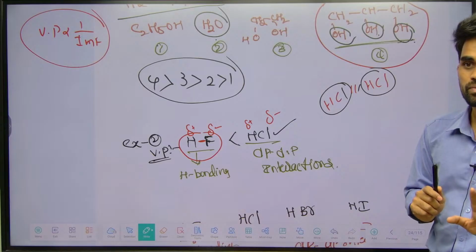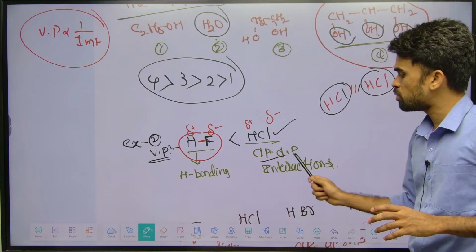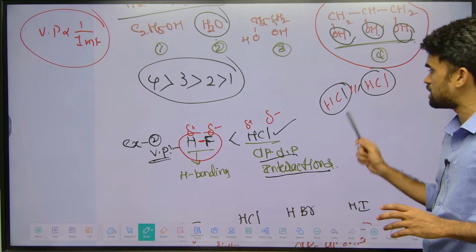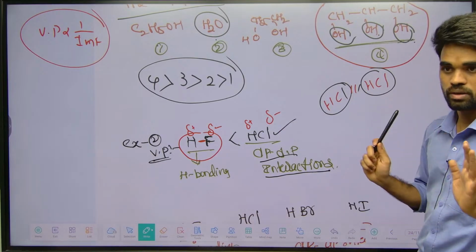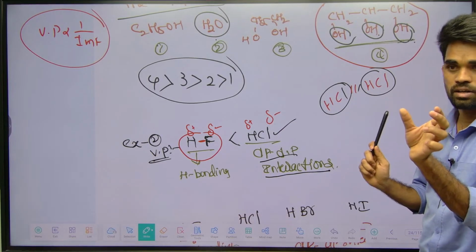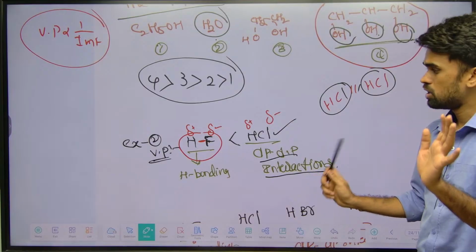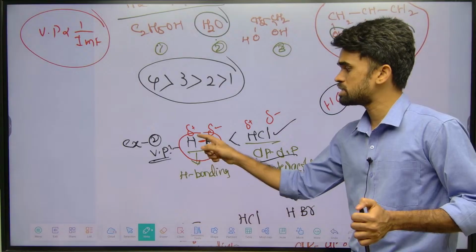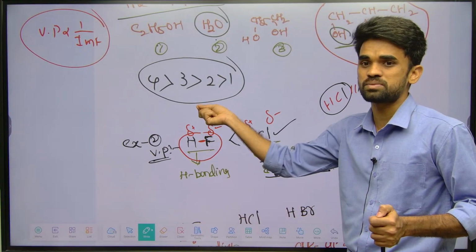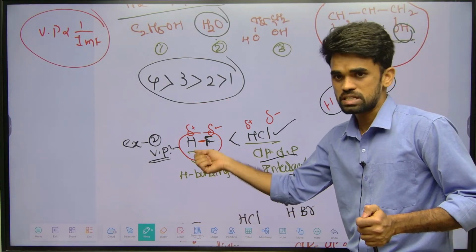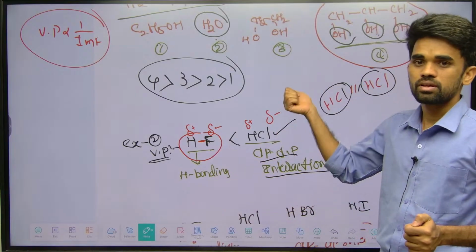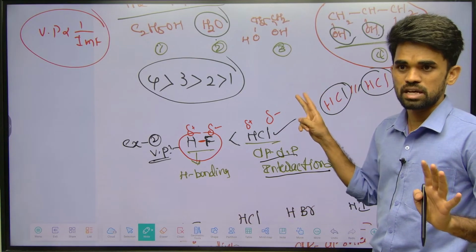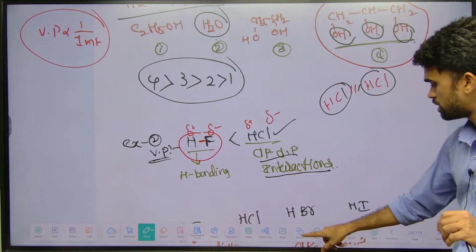There are only dipole attractions but not hydrogen bonding, because hydrogen bonding is stronger than the dipole attraction. So it is present only in HF. So HF will have more intermolecular forces, meaning low vapor pressure. This will be clear to everyone with these two examples. Okay, done. Let's move forward.